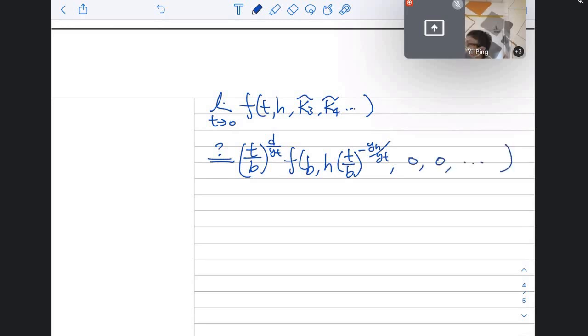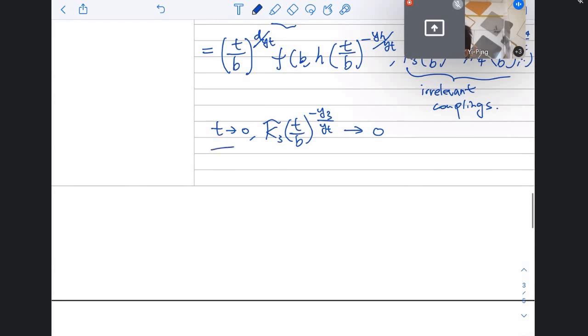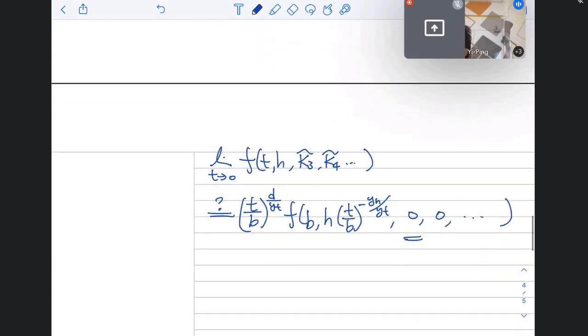Why is there a question mark? Because here we make a replacement: when t goes to 0, this argument is sent to 0, but we make the bold assumption that when we send this variable to 0, we can really replace its value by putting it to 0.